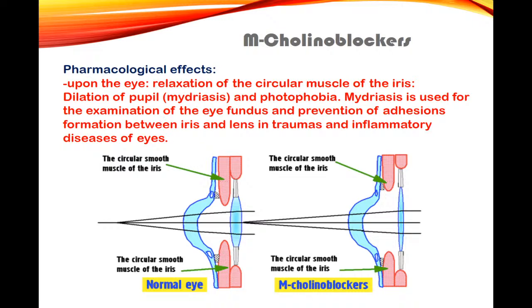We drop the drug into the eye and in several minutes it's more comfortable to investigate the eye. And also for prevention of adhesions formation between iris and lens in traumas of the eye, in inflammatory diseases. For prevention we cause dilation of pupil.